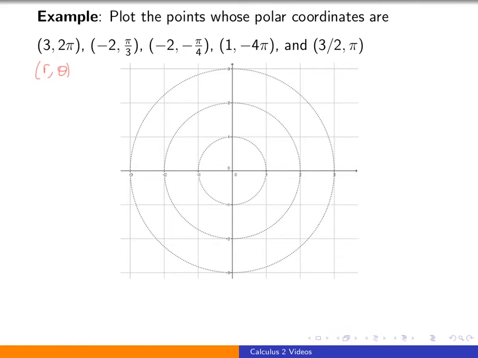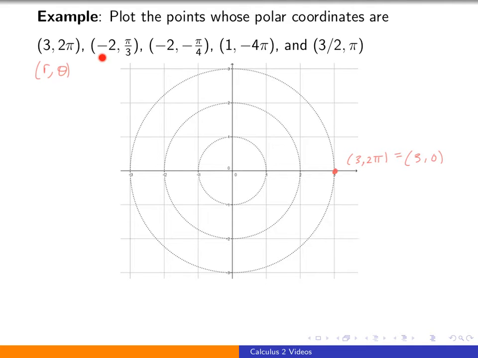And then our r value is 3. So we need to be 3 units away from the origin. So 3 comma 2 pi would be the point represented here. Now note this is equivalent to 3 comma 0. So theta equaling 0 or theta equaling 2 pi would be just this former positive x-axis.